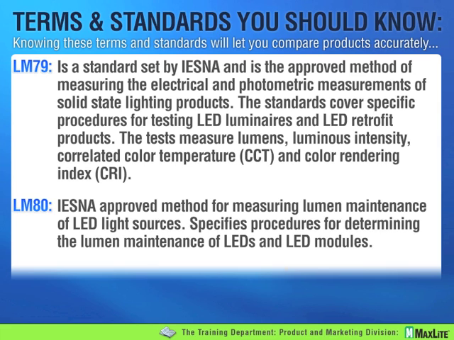So if LM80 says that this chip is, just for simple math, 100 lumens at 1 watt, and at a certain temperature, my LM79 third-party data testing is going to verify that we haven't misappropriated the LED, we haven't misused it by putting it in bad thermal conditions to where it can't live up to its LM80 specifications. So LM80 is for the LED itself, LM79 is for the luminaire.